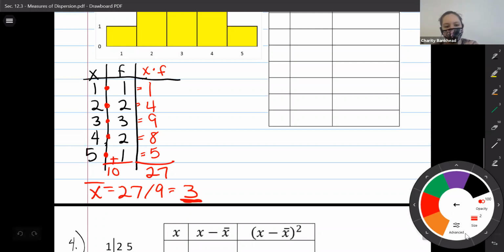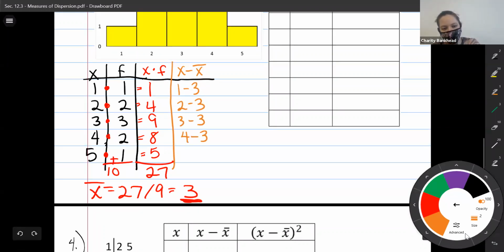So then we can do x minus x bar. So 1 minus 3, 2 minus 3, 3 minus 3, 4 minus 3, 5 minus 3, which is -2, -1, 0, 1, 2.